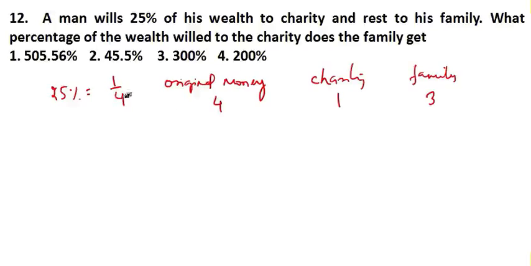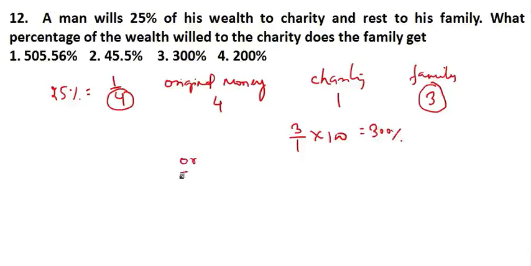This is the original number, he has 4 rupees, 1 rupee he gave to charity, and the remaining money he gave to family. So it is asked in the question, what percent of charity is what he gave to the family? So simply you do 3 by 1 into 100 equal to 300%. I hope it is clear to you.